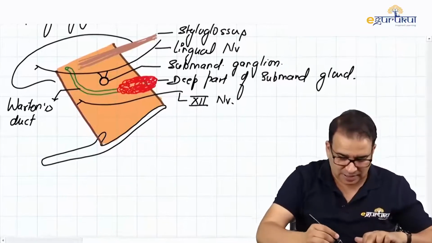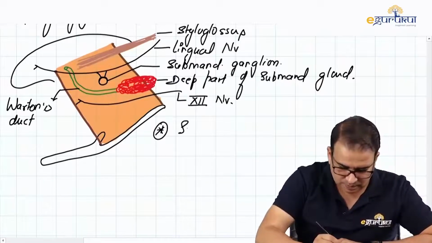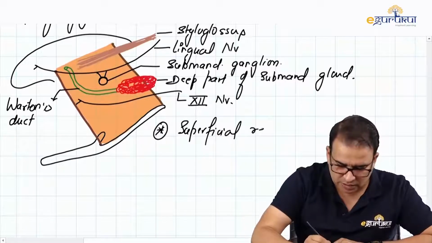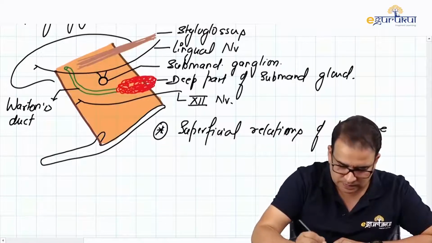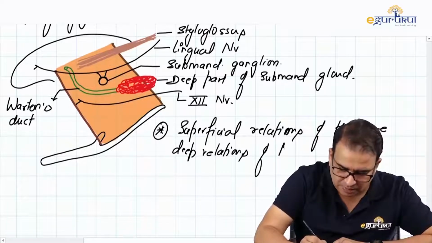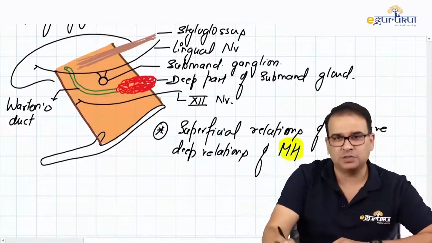So I can just add a statement here. Superficial relations of hyoglossus are deep relations of mylohyoid.